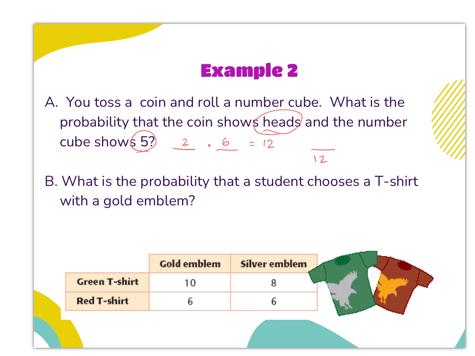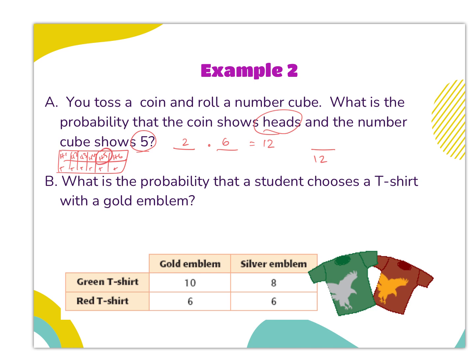Now, how do I do this? I'm going to have to do that chart that I did before. I'm going to have to go back to that other thing. And if you remember, you did your little chart, and it was heads 1, heads 2, heads 3, heads 4, heads 5, and heads 6. And then again, these were all tails, 1 through 6.